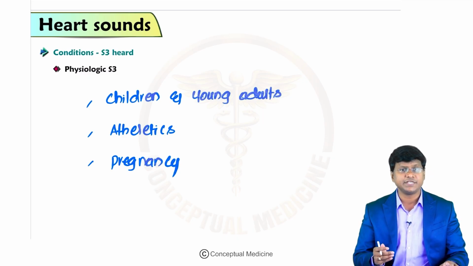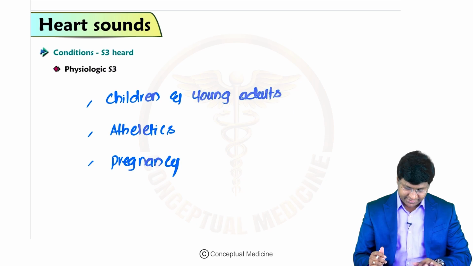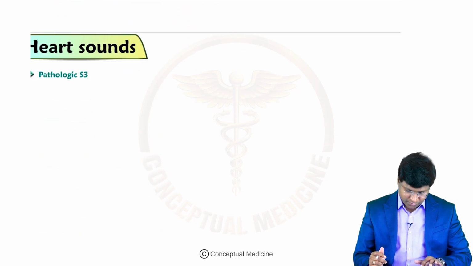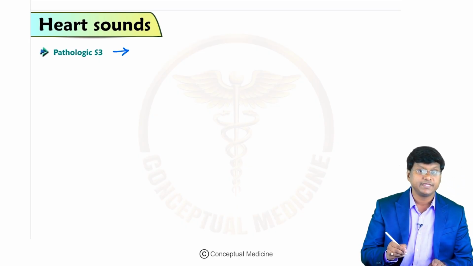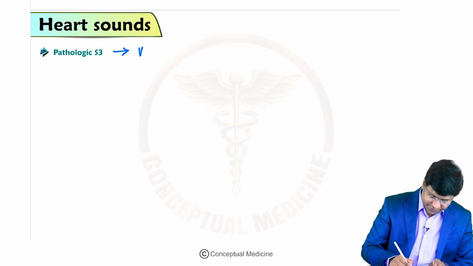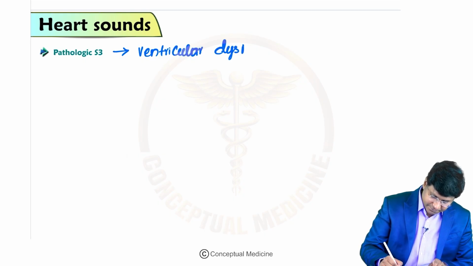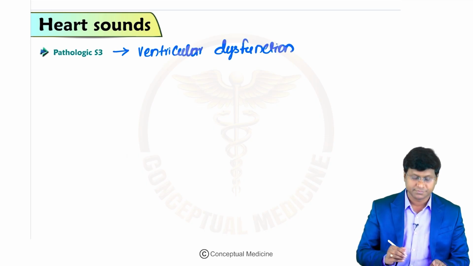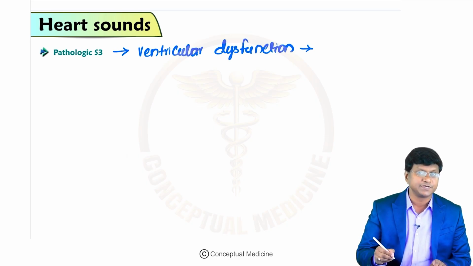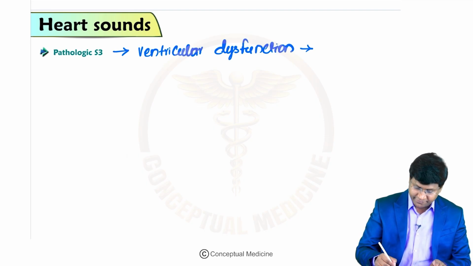But what are the conditions where you have the pathological S3? Pathological S3 is heard in scenarios where there is ventricular dysfunction. So, when there is ventricular dysfunction, what will happen to the systolic function?